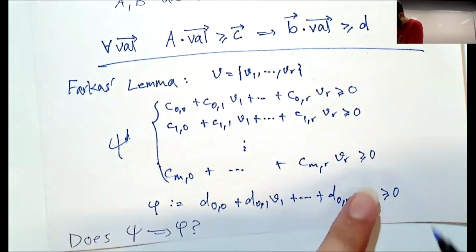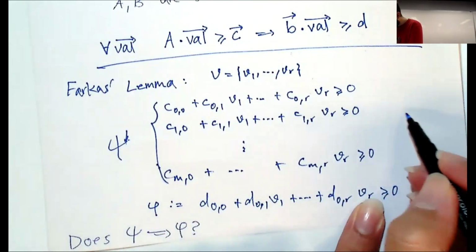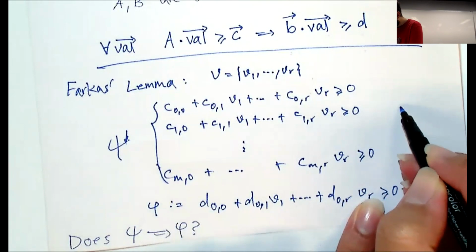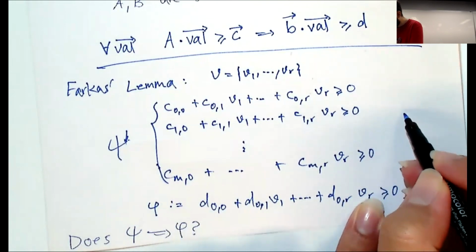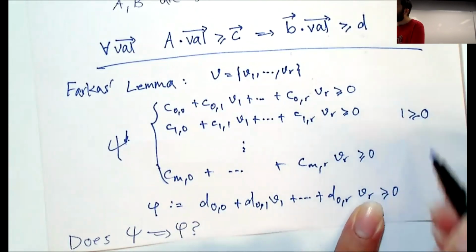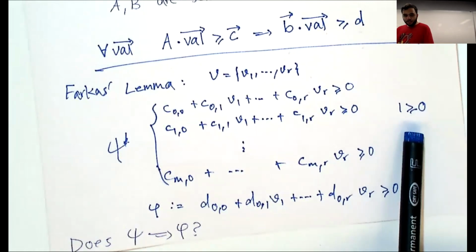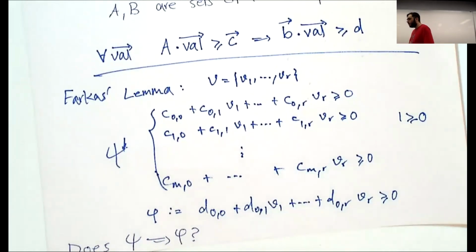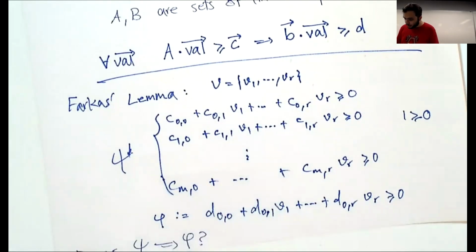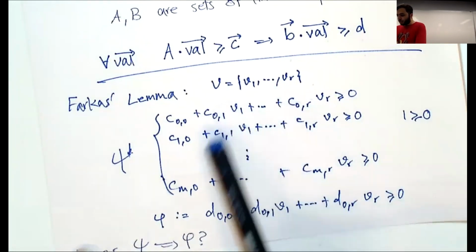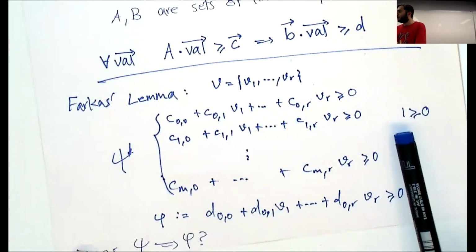I also always know one trivial inequality, and that's that 1 is greater than or equal to 0. So I can add this trivial inequality to my set, and instead of just looking into non-negative combinations of my original inequalities, I can look at non-negative combinations of my original inequalities and also this trivial inequality.